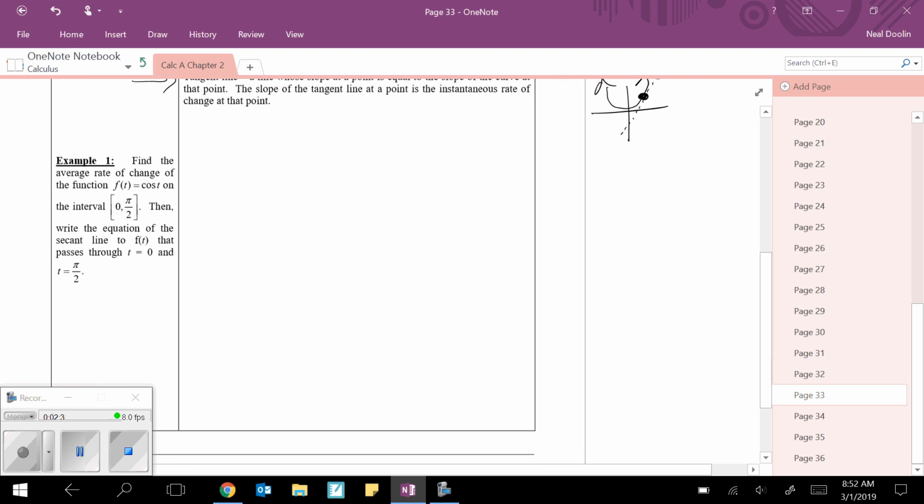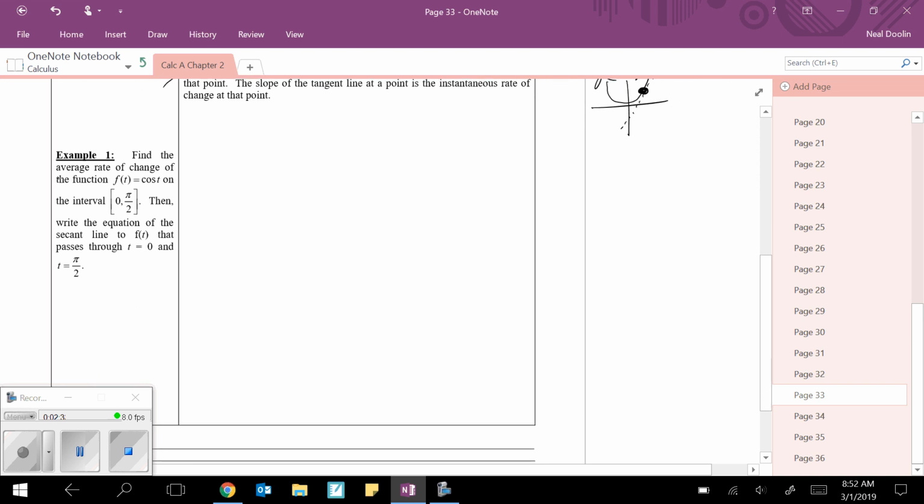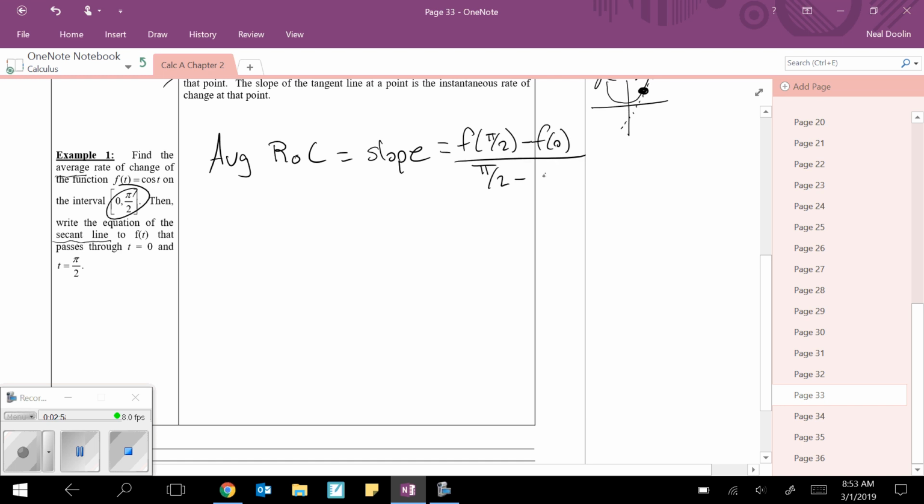So in example 1, we are tasked with finding the average rate of change of the function. Then we're going to use that to write a secant line. Okay, well, average rate of change, that's just the slope between 2 points. So let's see, here's our interval. So let's do second point minus first point over x value minus x value.